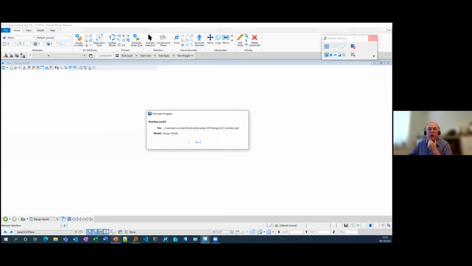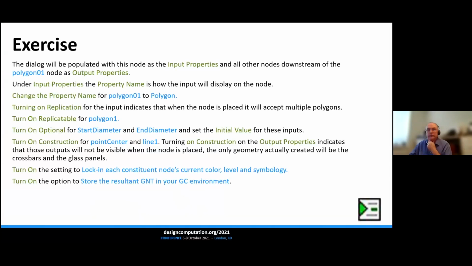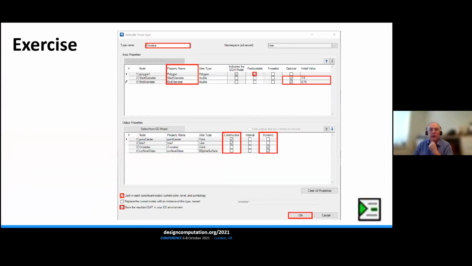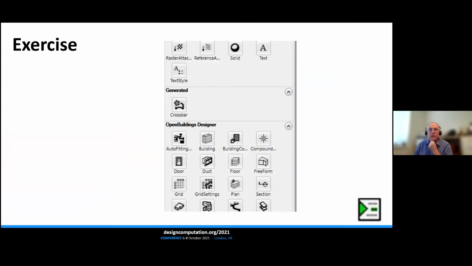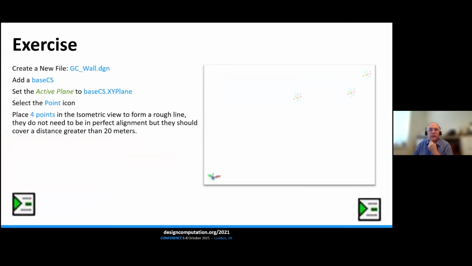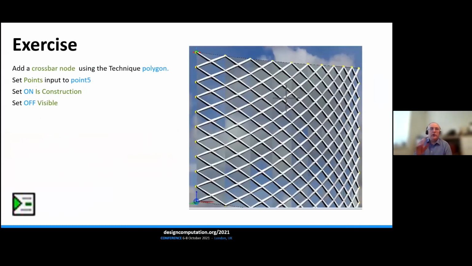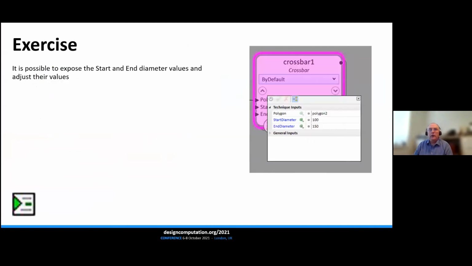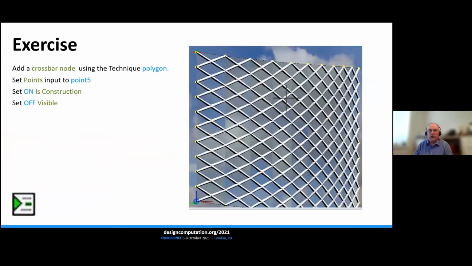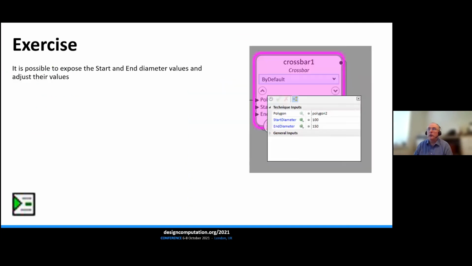That's the exercise that we're going to do, and you can see there we've been able to input the generated node type onto that curved surface and control it that way.